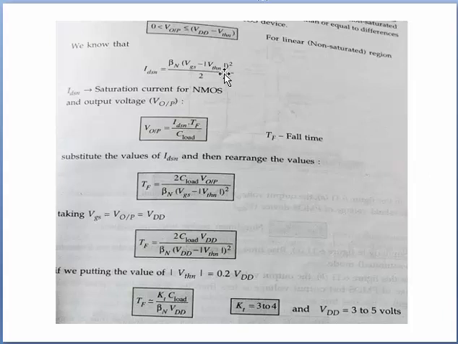In this figure, the fall time estimation TF is for the circuit in the non-saturated or linear region, where the output voltage is greater than 0 but less than or equal to the difference between drain voltage and threshold voltage of the NMOS device, that is V output is greater than 0 but less than or equal to VDD minus VTHN.